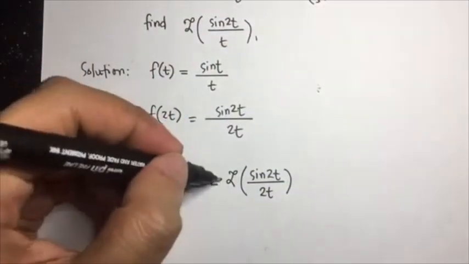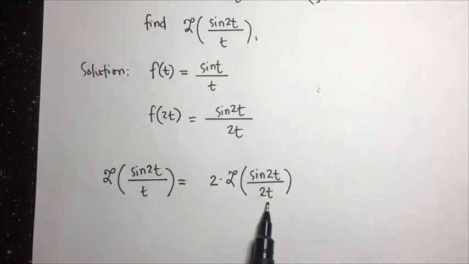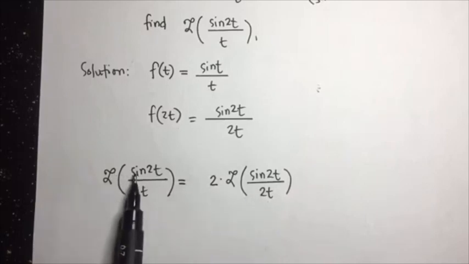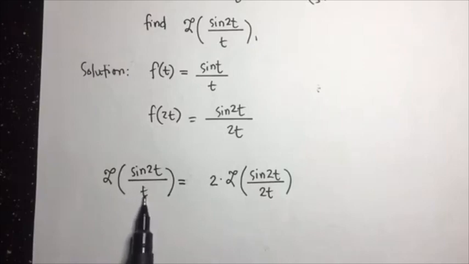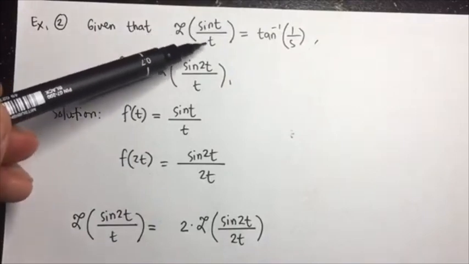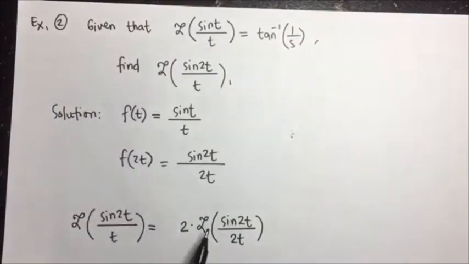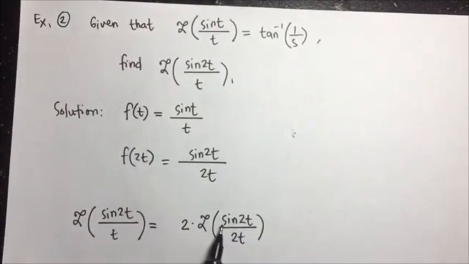When we multiply by 2, the 2 cancels out in the denominator, which leaves us with sine 2t over t only. Since we know the Laplace transform of sine t over t, all we need to do is apply the change of scale property to get the Laplace transform of sine 2t over 2t.